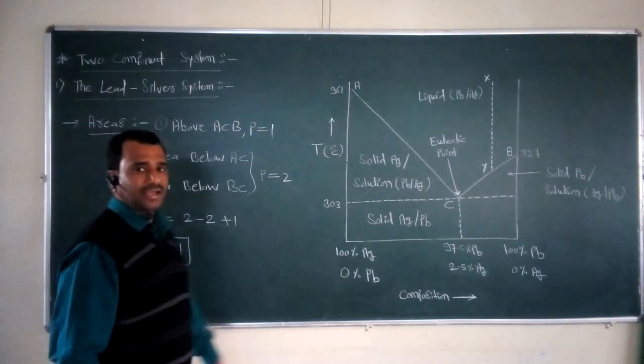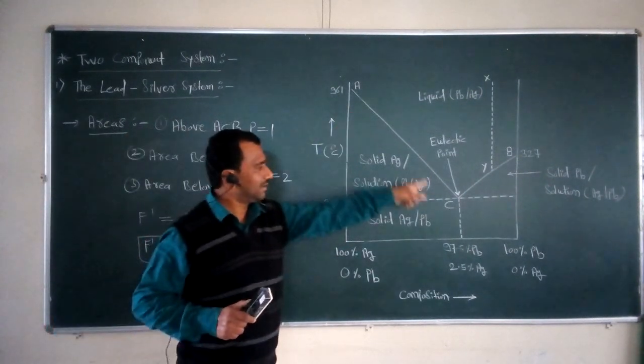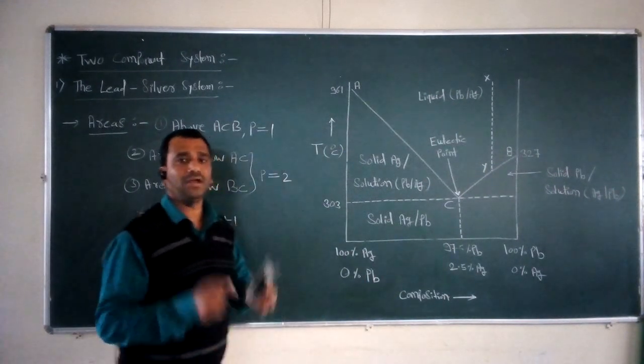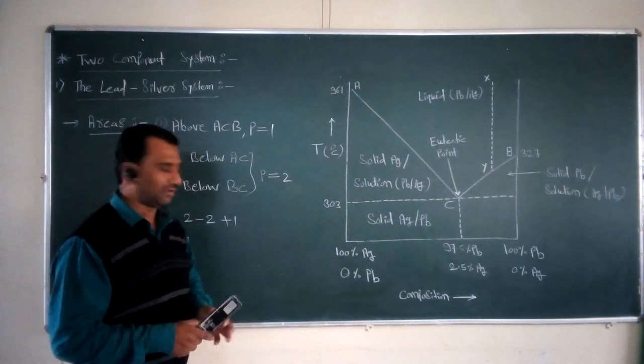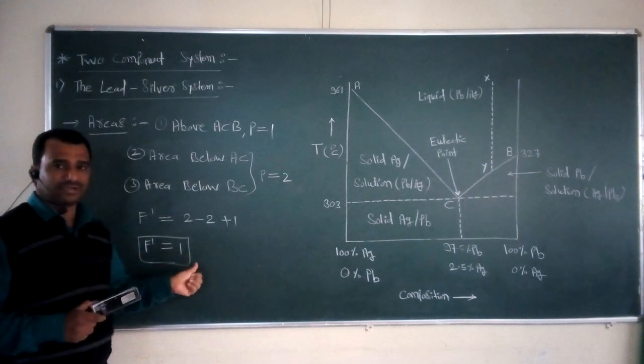So the systems below the area AC as well as the area below BC are called monovariant systems, because the value of F dash comes out to be equal to 1.